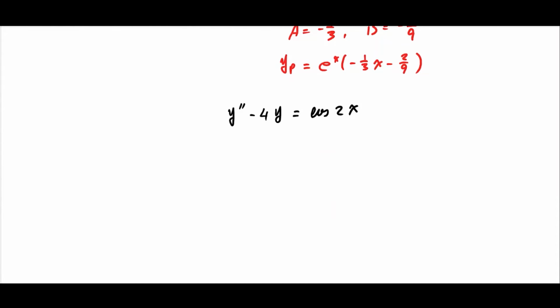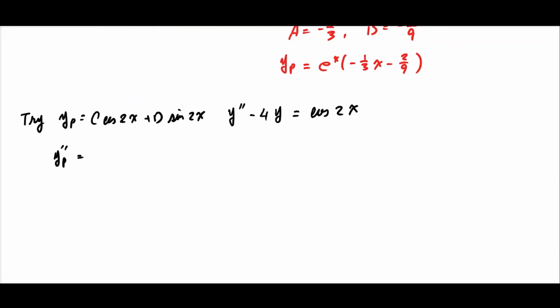For this one I'm going to try y particular is equal to, we already used a and b, so c cosine 2x plus d sine 2x. And then y prime is equal to, can I just skip to the second derivative?